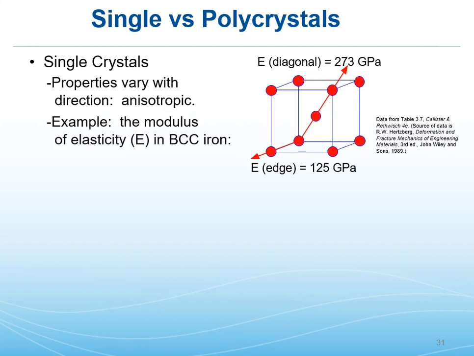This is an excerpt from a renowned fracture mechanics text, Hertzberg, showing the difference in modulus for a body-centered cubic material. I'm presuming it's probably iron, but I don't know.